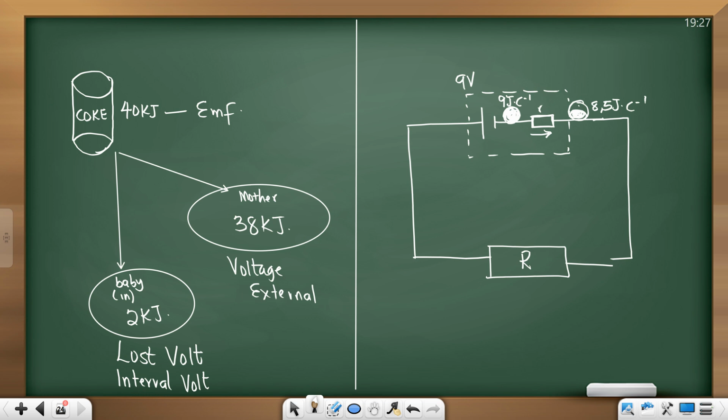What has it lost? 0,5. Oh, so we have lost 0,5 volts to the internal what? Resistance. Now, that is going to come here, and what do I have here now? I have my 8,5. I want to tell you why current will be the same. And then here, I'll have 0, and then it goes back in and refuels.